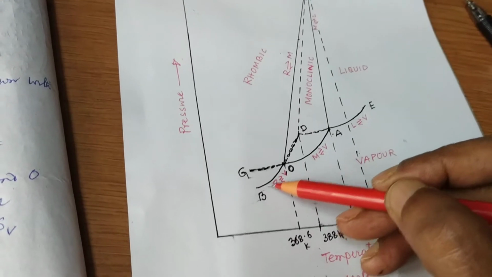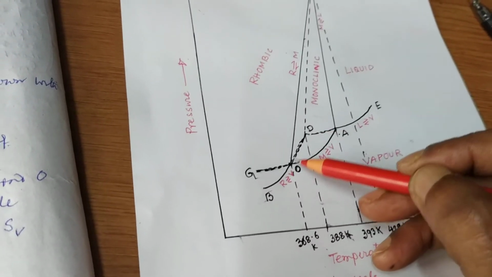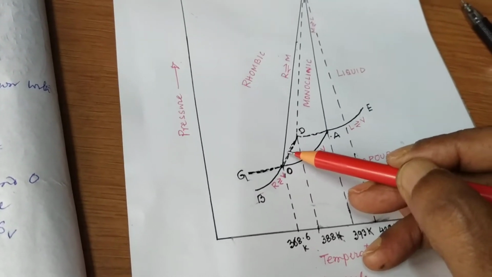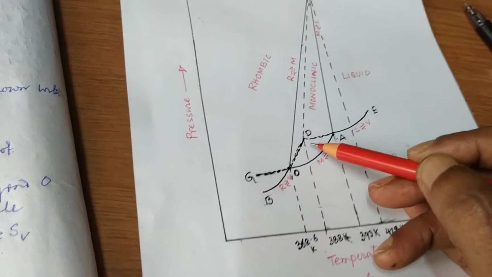So when heating is done rapidly, SR does not transform to SM above the transition temperature.